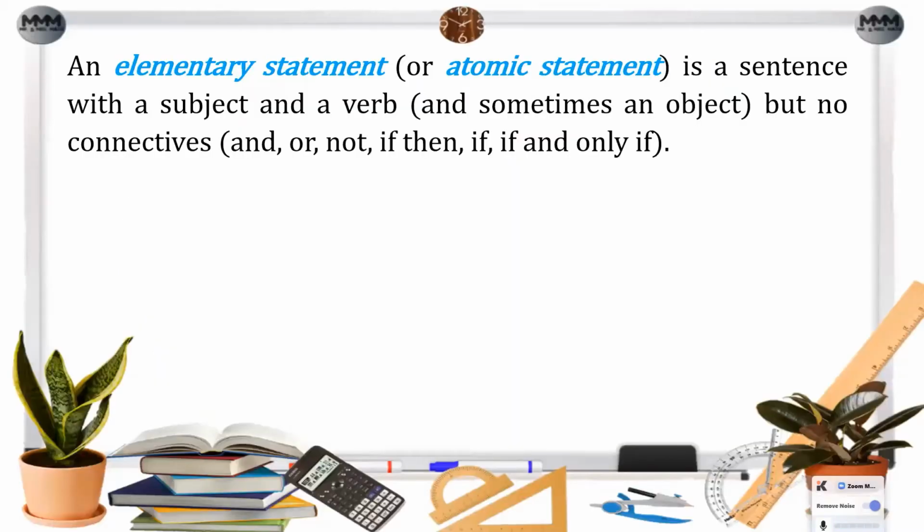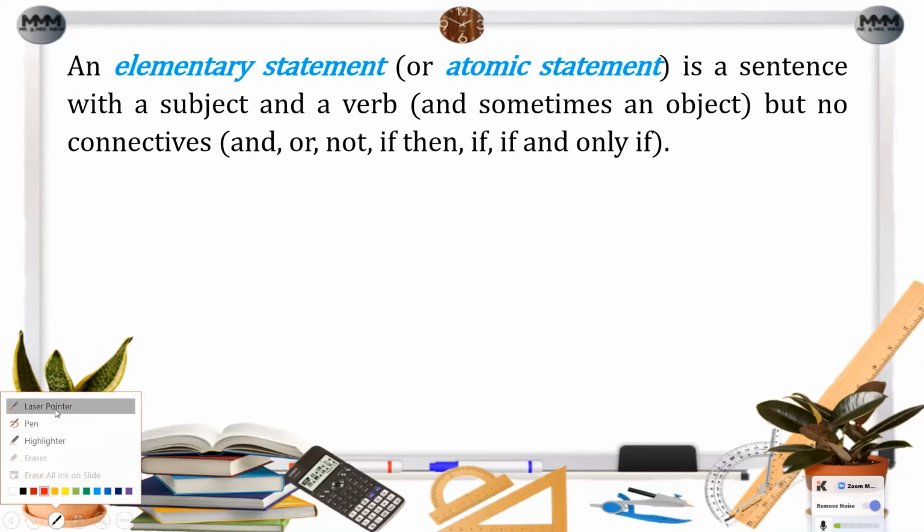Let's start first with the elementary statement, or atomic statement. It is a sentence with a subject and a verb, and sometimes an object, but no connectives, such as and, or, not, if then, if, or if and only if.